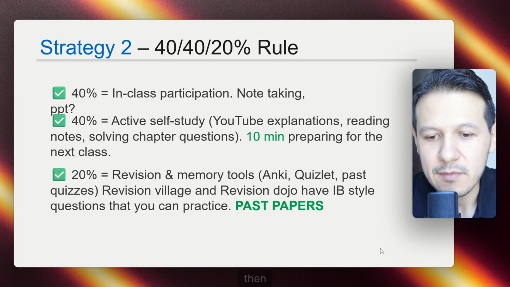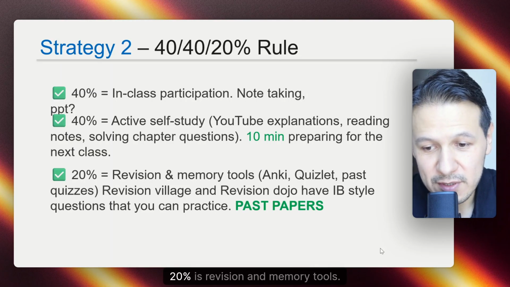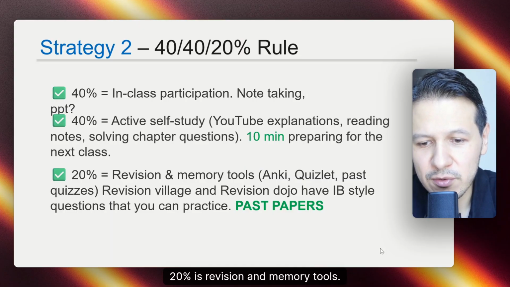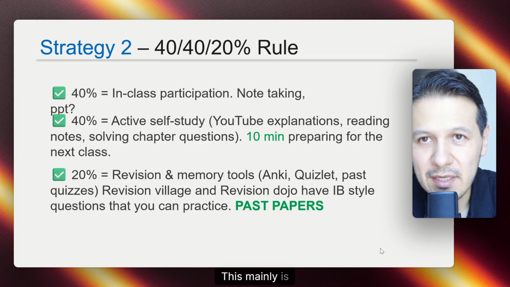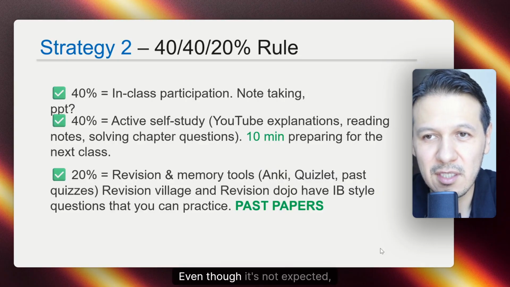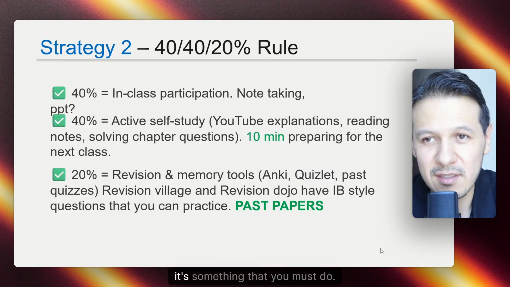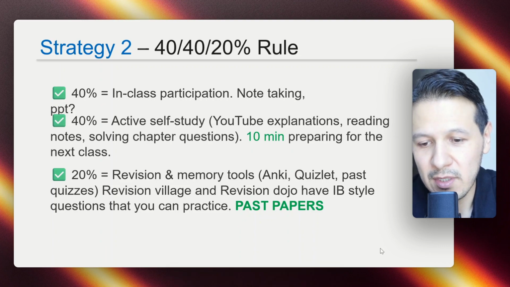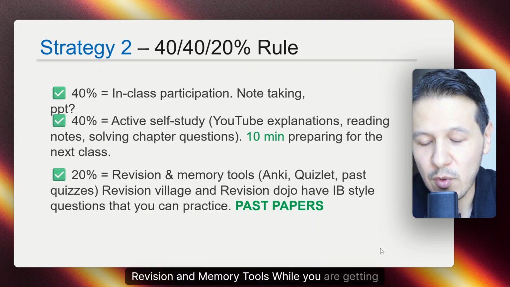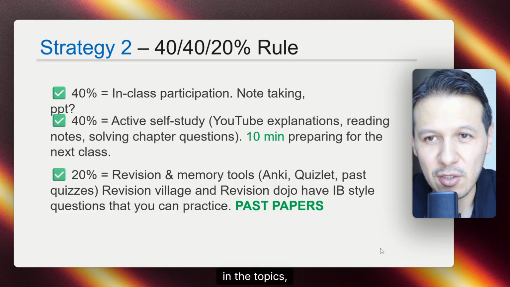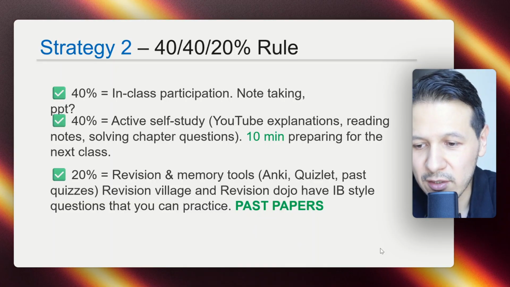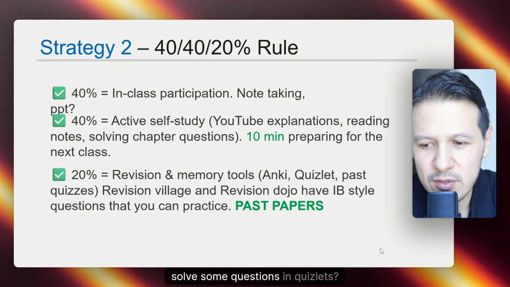Then the 20% is revision and memory tools. This is mainly for when you are close to a test, even though it's not expected. It's something that you must do: revision and memory tools while you are getting into the topics. If you are understanding, why not solve some questions in Quizlets?